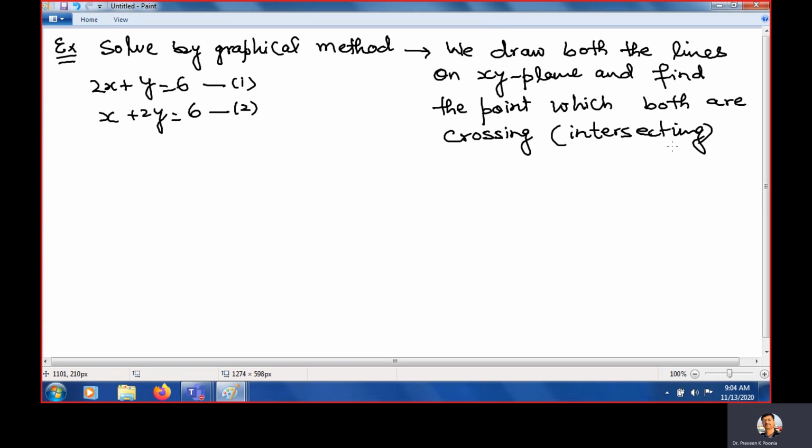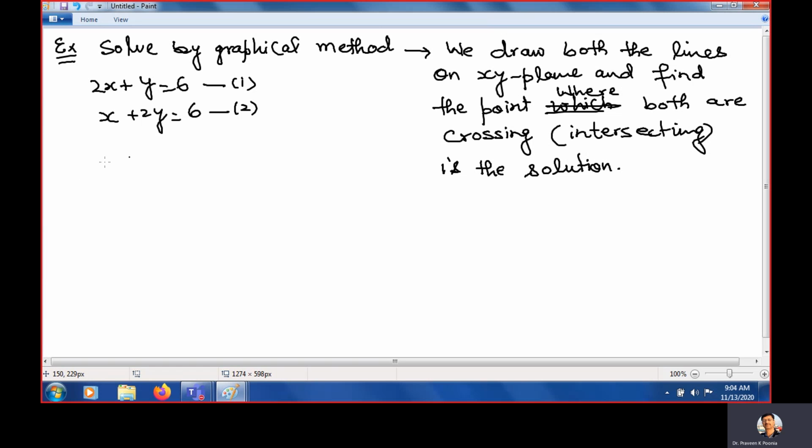Whatever English word you are familiar with, you can use. The point where both are crossing is the solution. Clear? Find the point where both are crossing or intersecting; that is the solution.